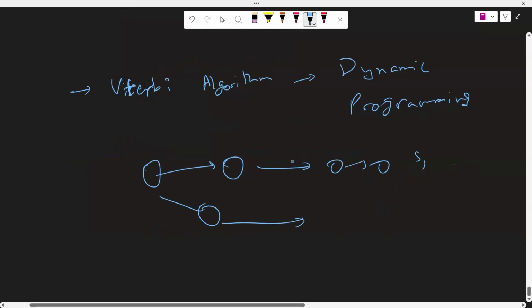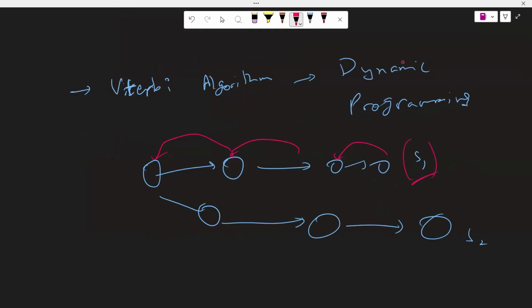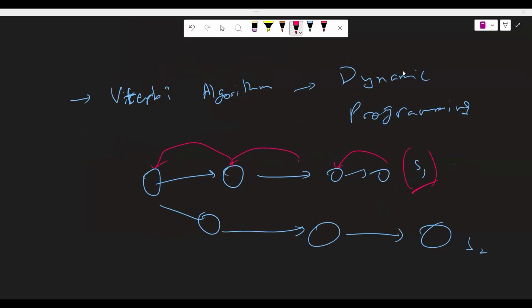Another option was this one, this one, this one, this one. Let's say this is sentence two. Once you find out the final probability of this one is higher, you will trace back, fetch all the states, like all the words, and give that as the output. Whatever the words were there, you will say that this is the best sentence.